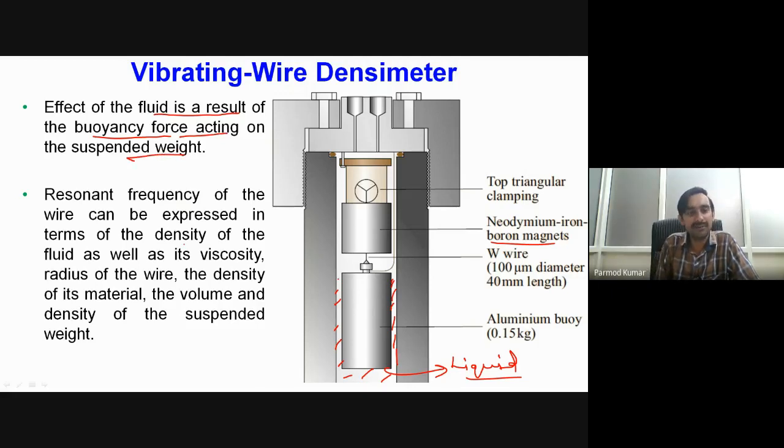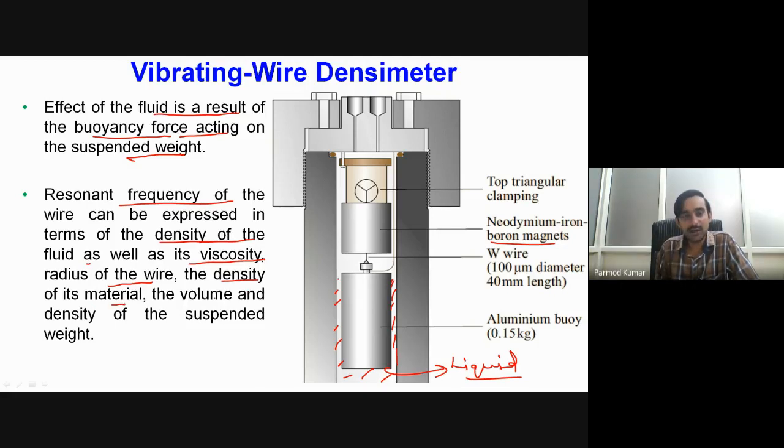So over here we can see that the resonant frequency of the wire can be expressed in terms of the density of the fluid. So whatever fluid we have taken over here, its density, and viscosity. Viscosity also plays an important role in changing the characteristics. Then the radius of the wire, so whatever wire we have taken over here, the radius of this wire, the density of the wire.